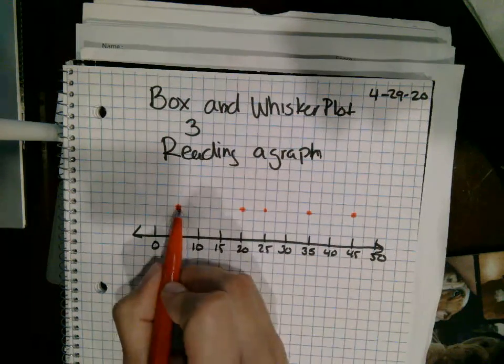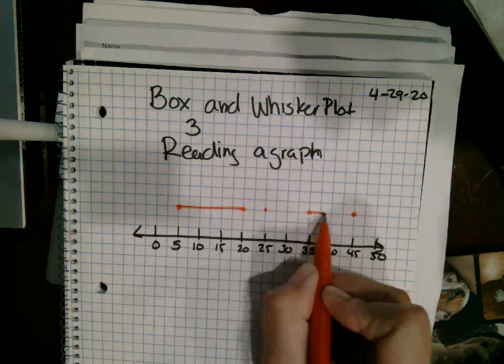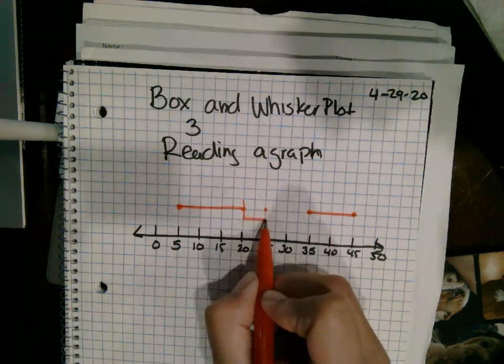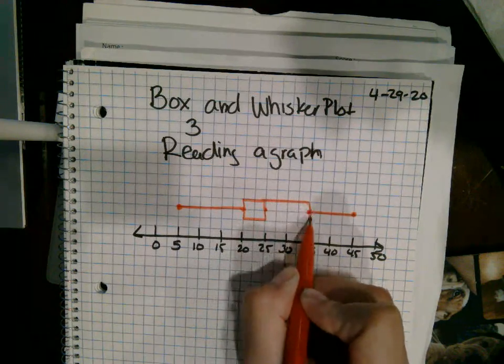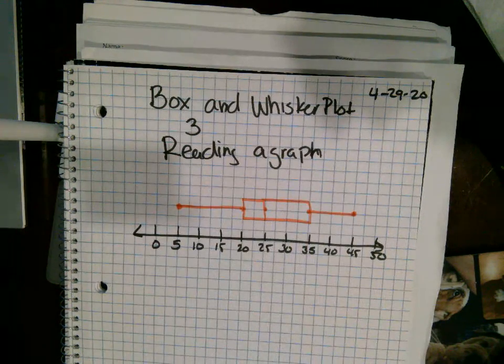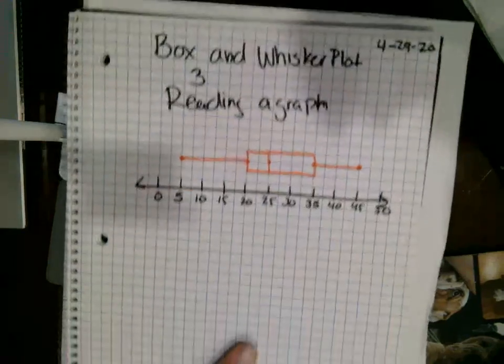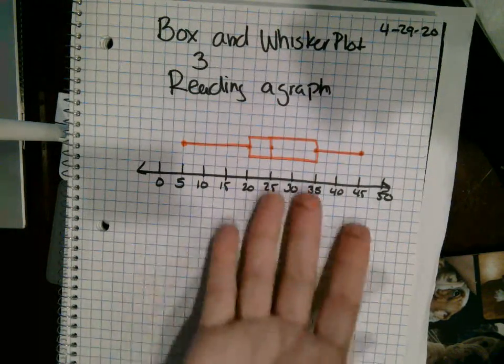So the first two make a whisker, the last two make a whisker, and then these come together. All right. So here's your box and whisker plot.